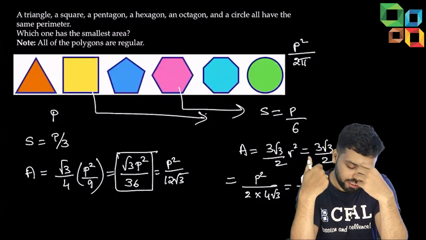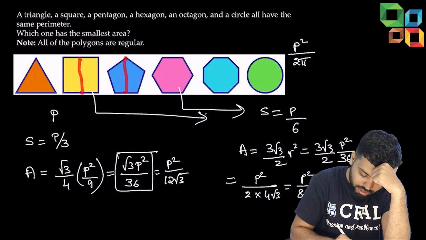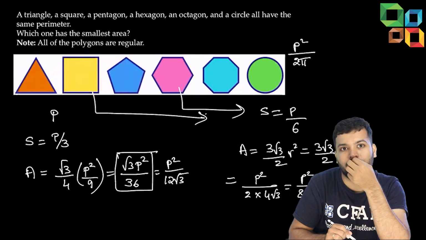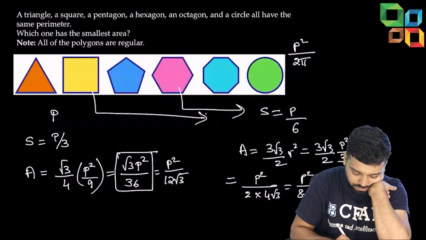But the problem here is the moment you try to keep the height the same, this pentagon will go outside the square. Then how will you compare it? No, it cannot go outside the square. You have to add some triangles. The only way you can add the triangles is because the lower base of the pentagon is smaller than the side of the square.